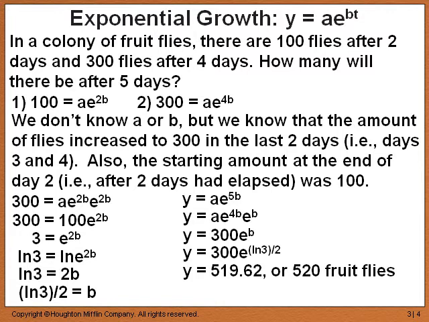You know, cut a fly in half. But obviously, when flies reproduce, you never end up with 0.62 of a fly. So when you have problems like this, you have to use your common sense a little bit and think of what's a logical answer. So 520 fruit flies is the best answer.